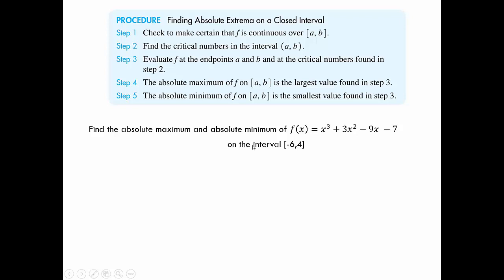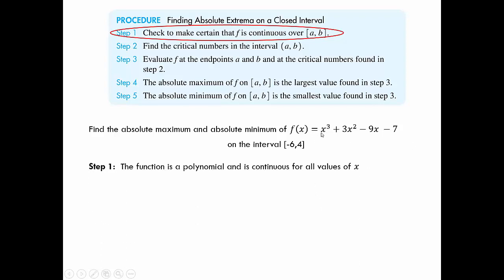So if I wanted to find the absolute max and absolute min of this function on the interval -6 to 4, well, first, is it continuous on this interval? Yeah, I know what x cubed looks like, so this is a polynomial, so it's certainly continuous for all values of x.